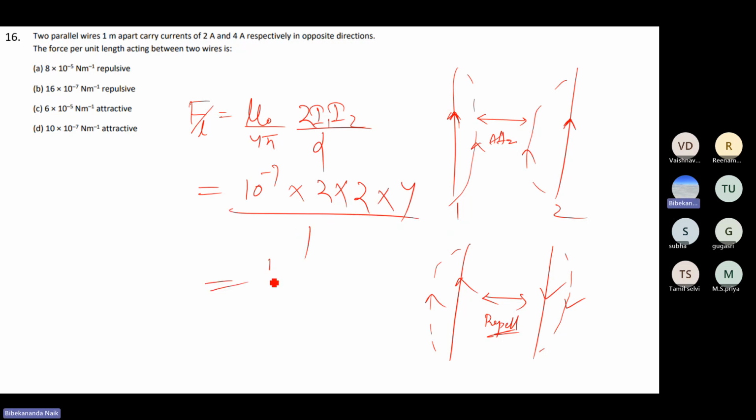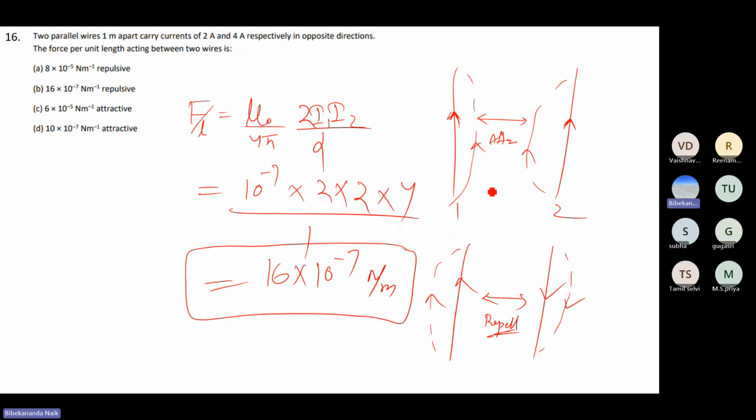It will be 16 into 10 to the power minus 7 Newton per meter. And since they are carrying current in opposite direction, the force between them will be repulsive. So the value will be 16 into 10 to the power minus 7 Newton per meter, and the force will be repulsive. So the correct option will be option B.